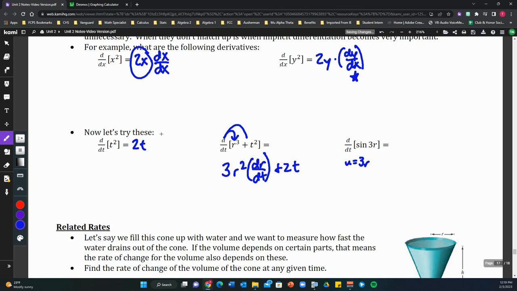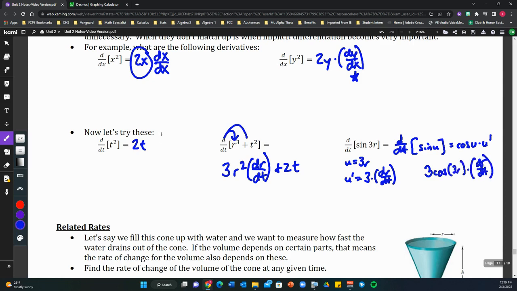And since r and t don't match up, u prime would still just be 3, just like 3x turns into 3. But now we would also have the dr dt quantity. So when I take the derivative with respect to time of sine of u, that gives me cosine of u times u prime, or 3 cosine of 3r times dr dt.